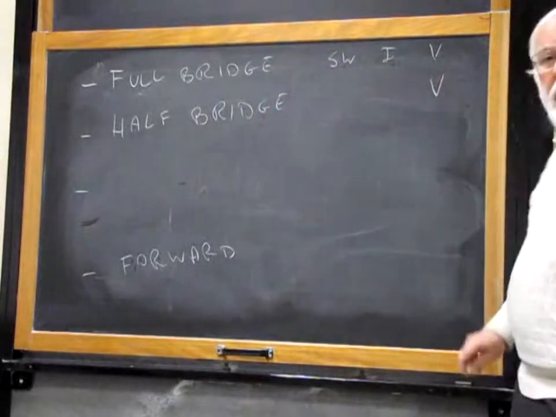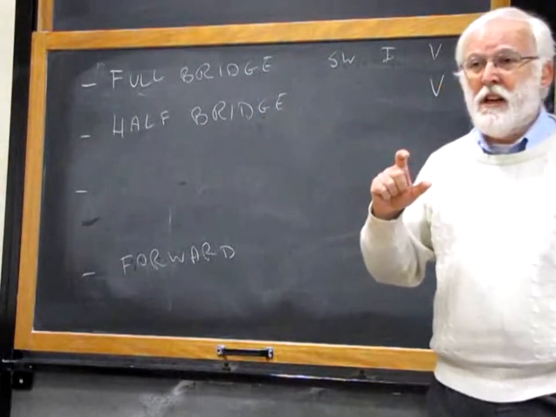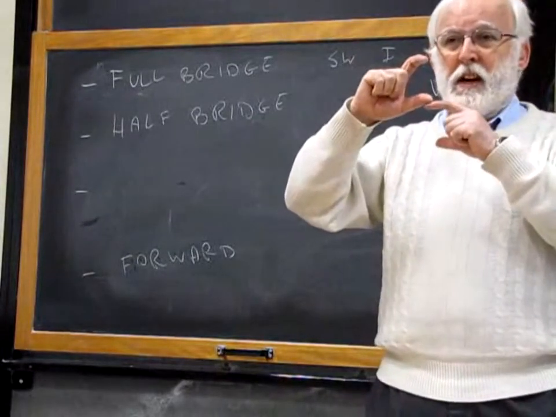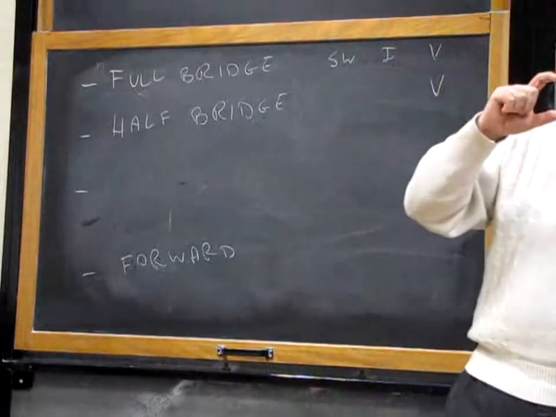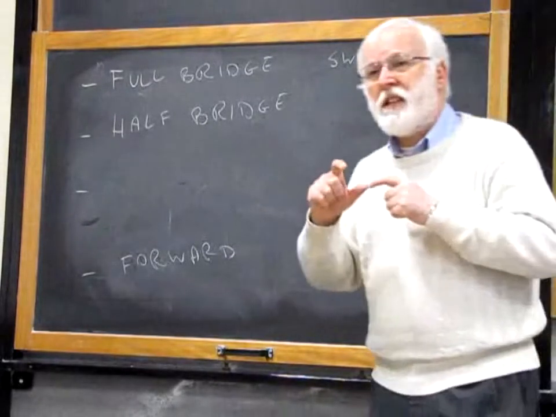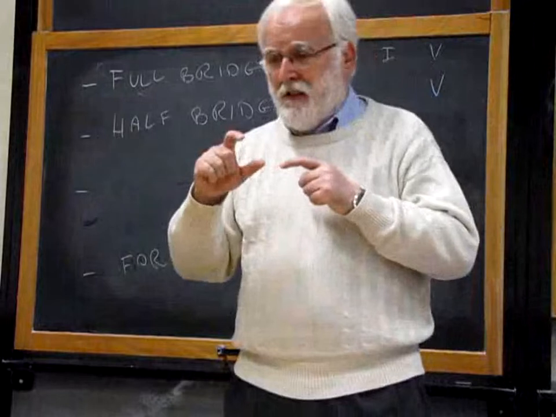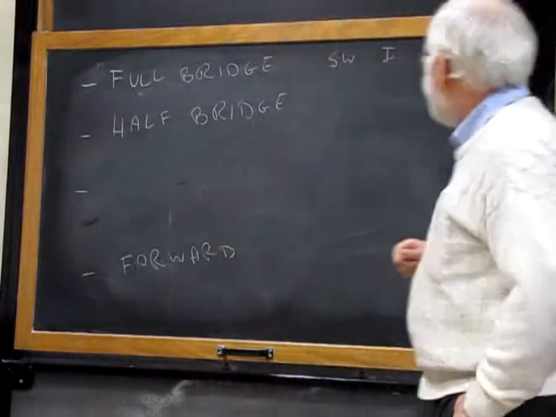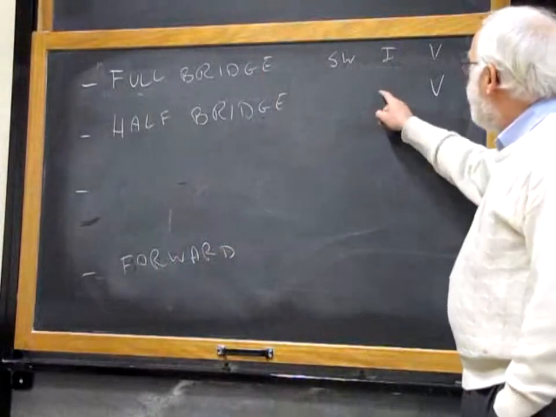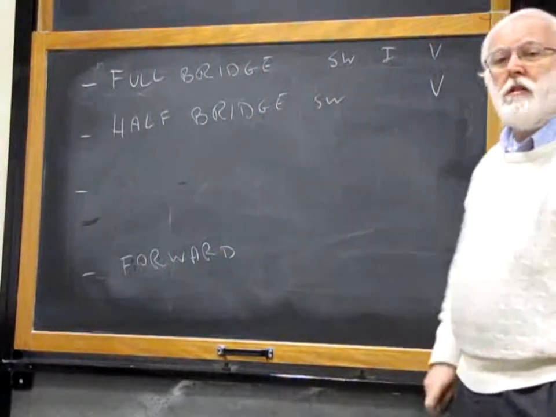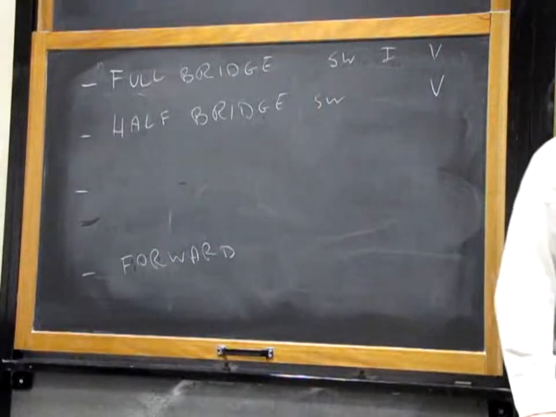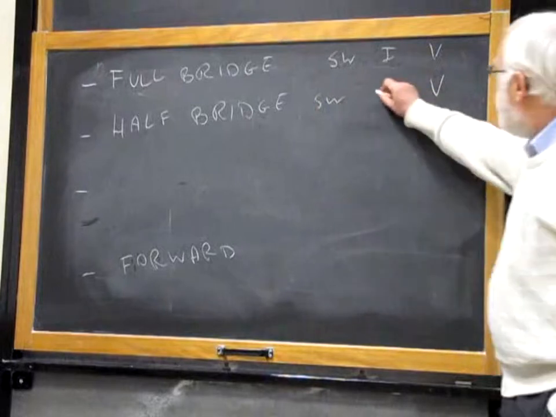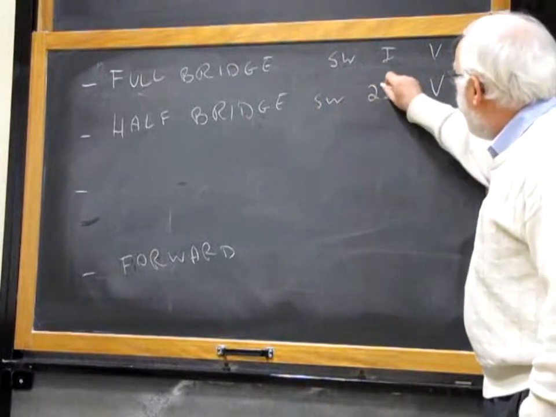So we have the same voltage stress because there are two transistors stacked one on top of the other, and the maximum voltage each transistor sees is basically the supply voltage, the input voltage, the DC bus voltage. On the other hand, if we look at the current in a half bridge, currents are twice as much as in a full bridge. So here my current stress will be 2I.